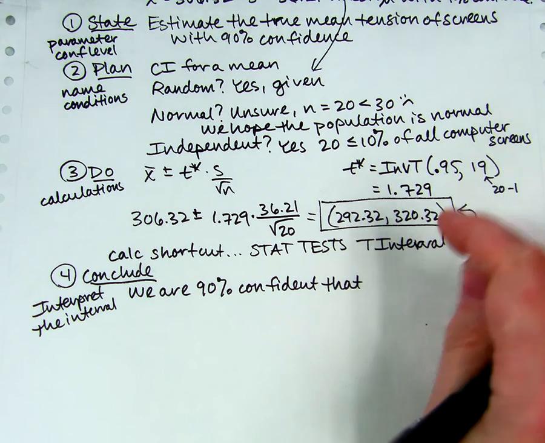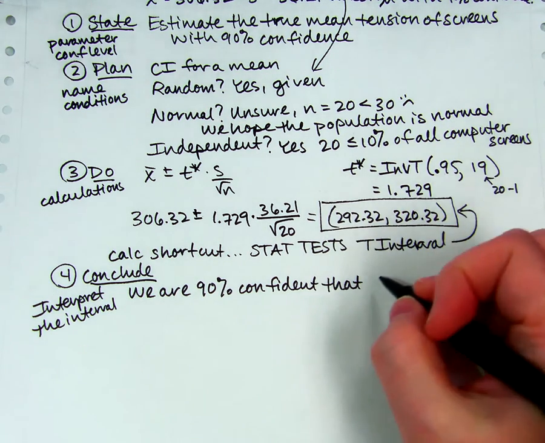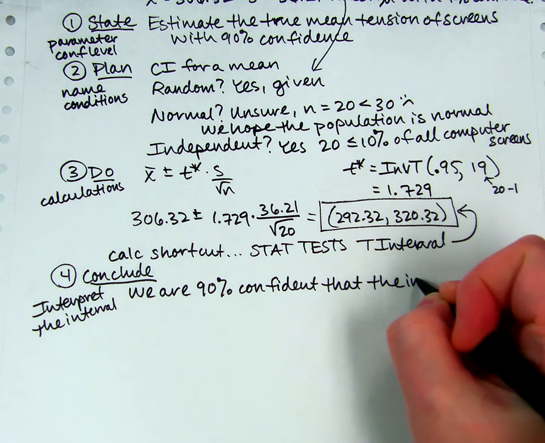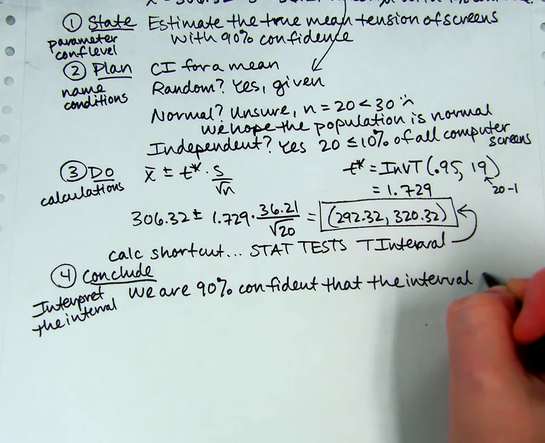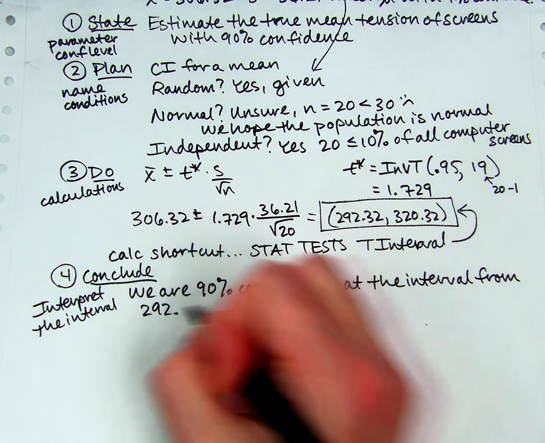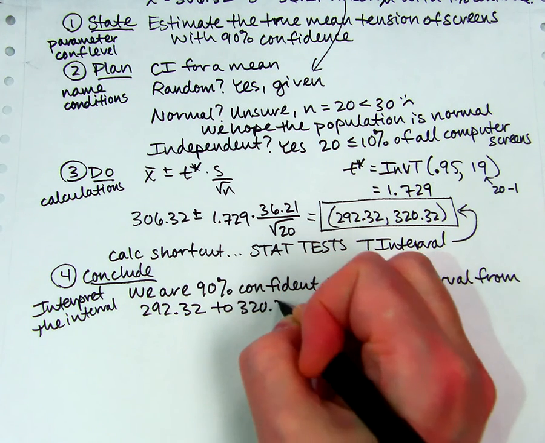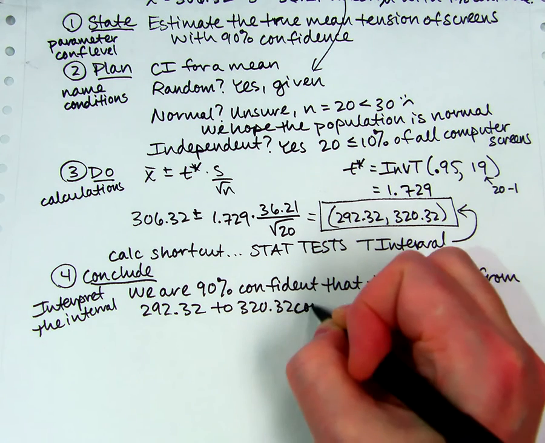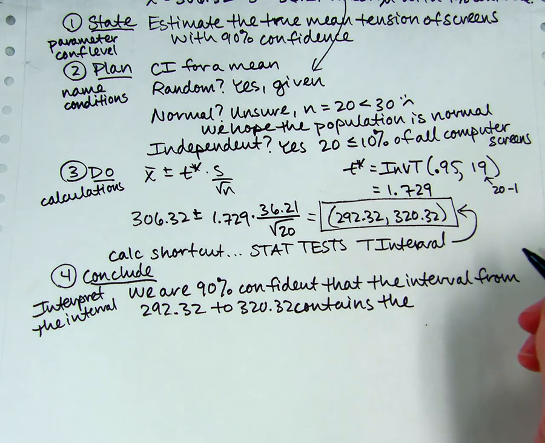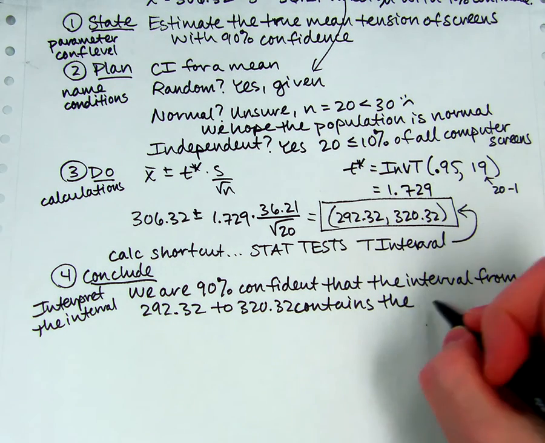And so they would say that the interval from this to this, I'll do it their way because it's probably good for you to see it that way, that the interval from 292.32 to 320.32 contains, what does it contain? We think it contains the true mean tension of the screens.